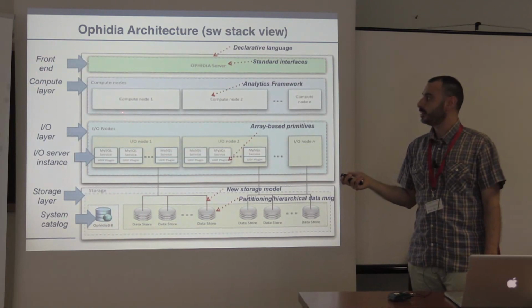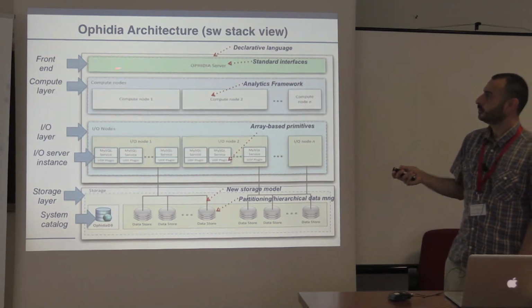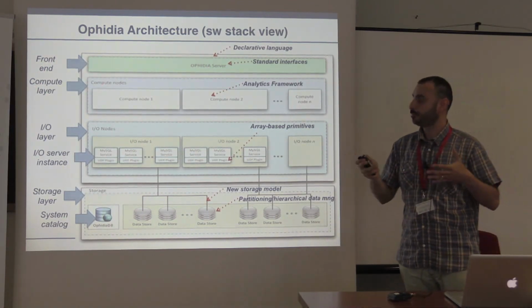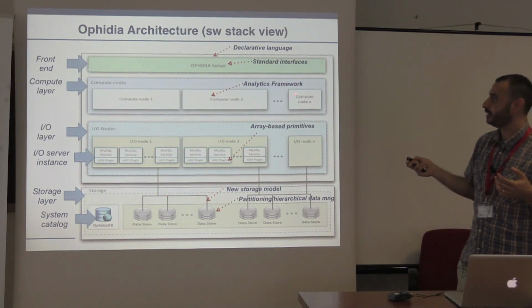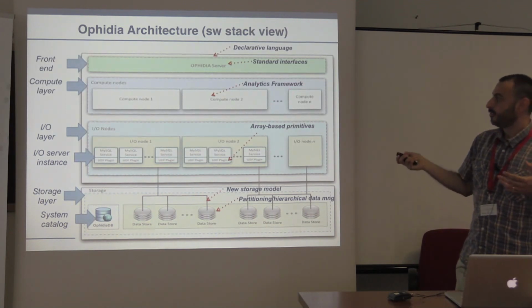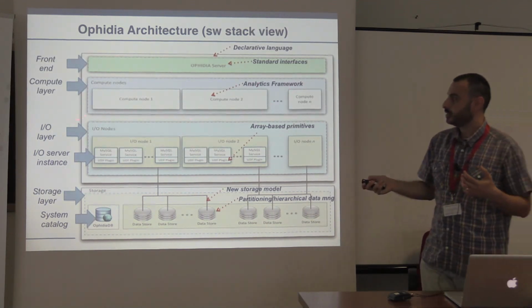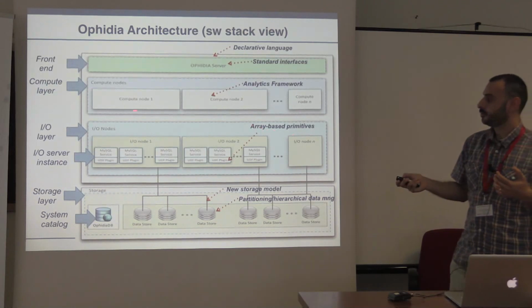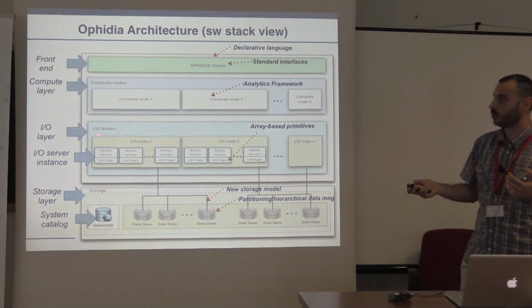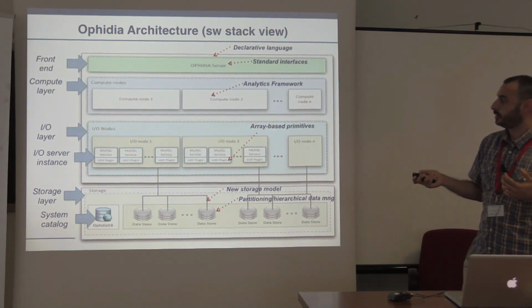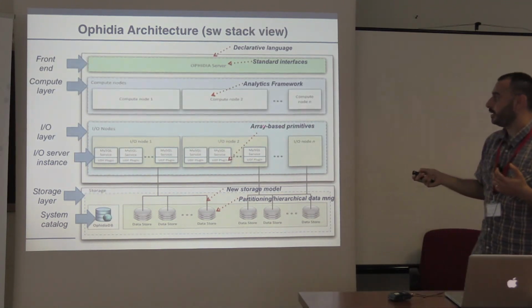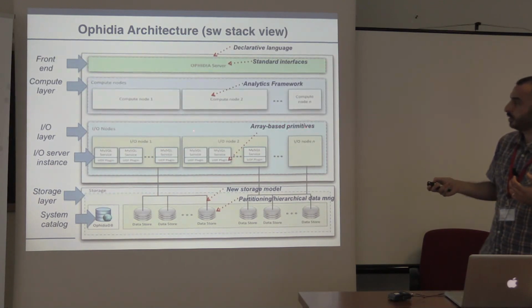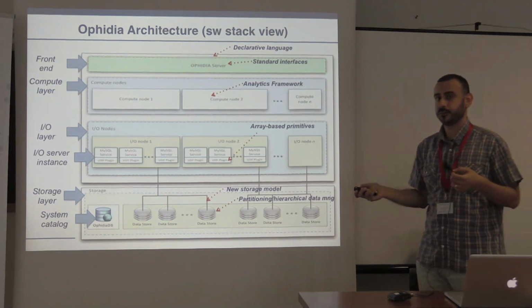The second layer is the compute layer. It is formed by a pool of compute nodes, and it implements the analytic framework. The third layer is the I/O layer, formed by a pool of I/O nodes, and this layer applies array-based primitives using MySQL instances and user-defined functions.